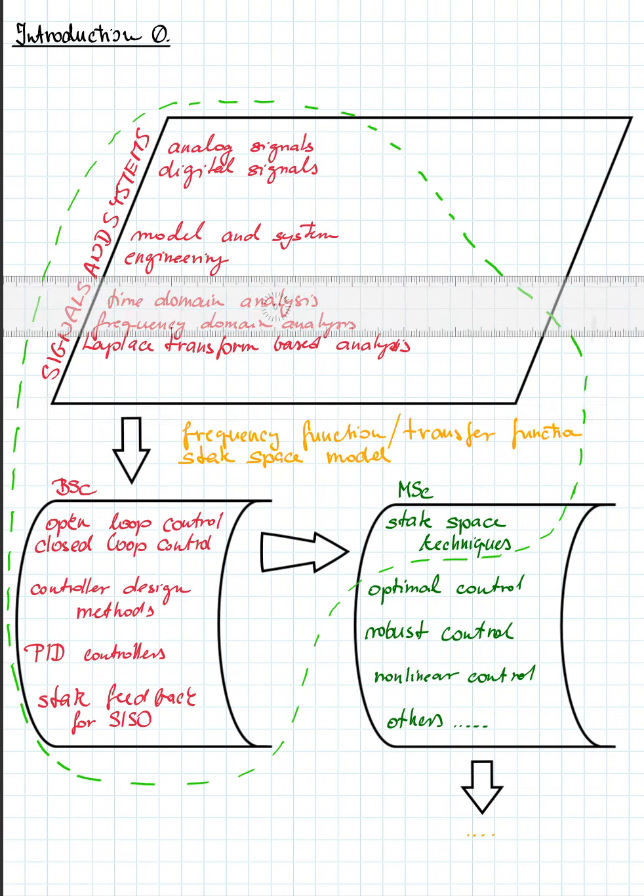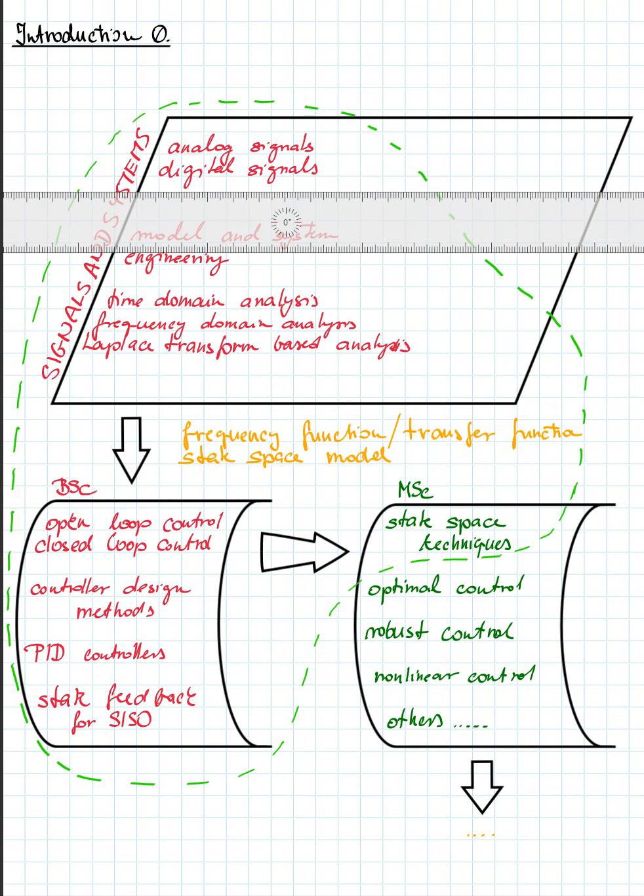In signals and systems, we usually study about the signals, the analog signals, the digital signals, how we define a signal, and there are some very important signals like the Heaviside function and the Dirac delta function, and how to work with them and why these signals are so important. These are the questions that we can answer in signals part.